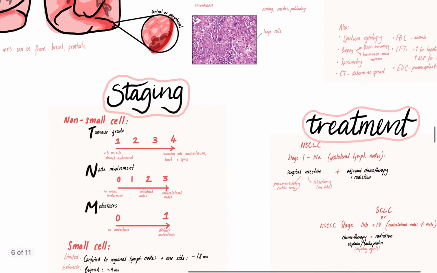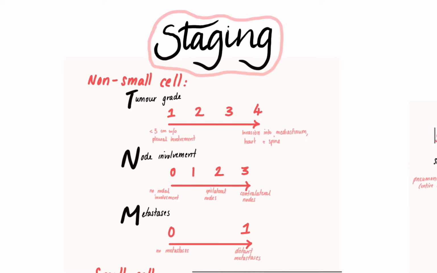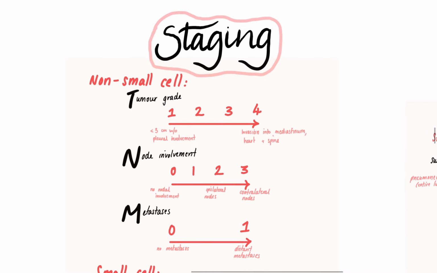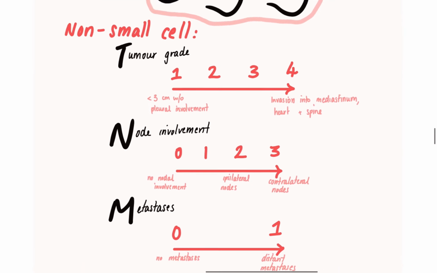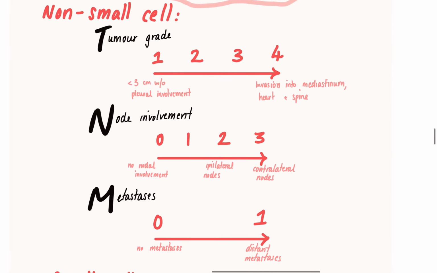So once that's been diagnosed, we can go on to stage it. So for non-small cell carcinomas, we can use the TNM, or tumor node metastases system. Whereas for small cell carcinomas, because they're so progressive and so invasive, we don't use the TNM staging. So basically, for the TNM staging, we first look at the tumor.